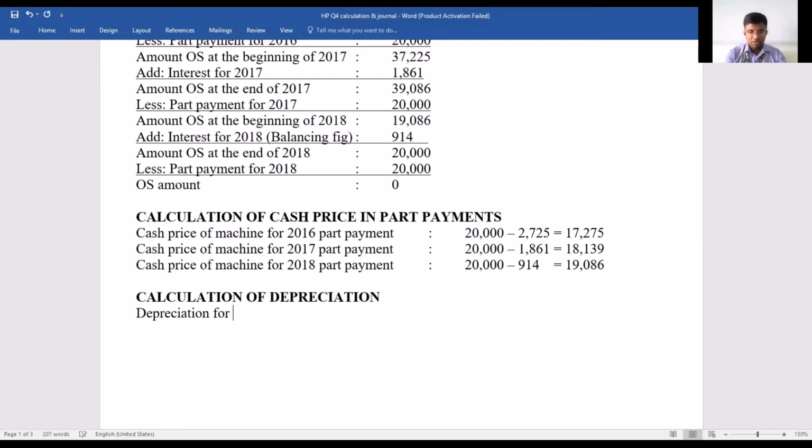Depreciation of machine. So 10% of what? 10% of the cash price of machine.